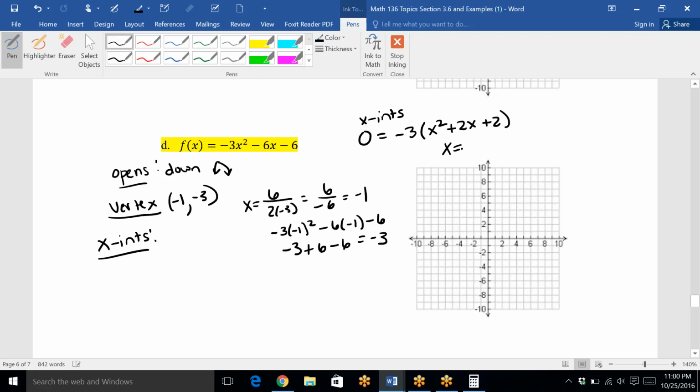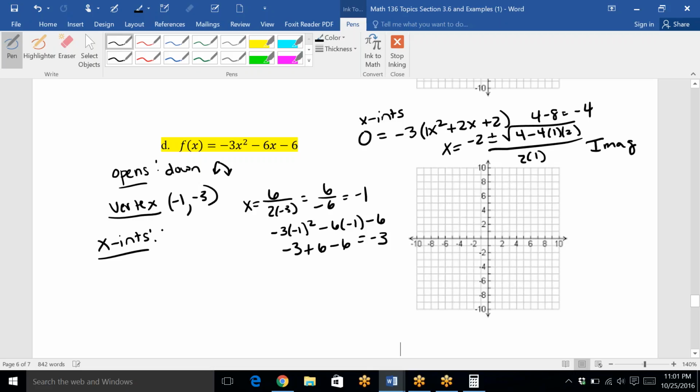So we would do the quadratic formula, so negative b, and you can ignore the negative 3 if it's pulled out as a GCF. You can use 1, 2, and 2 as your a, b, and c. So negative 2 plus or minus the square root of b squared, which would be 4, minus 4ac, all over 2a. Uh-oh, I'm getting a negative underneath my radical. That means this is imaginary.